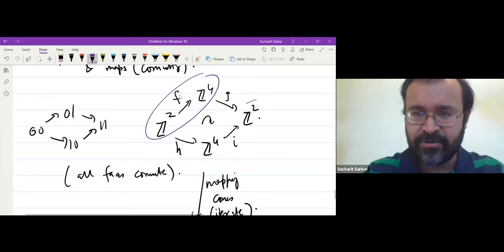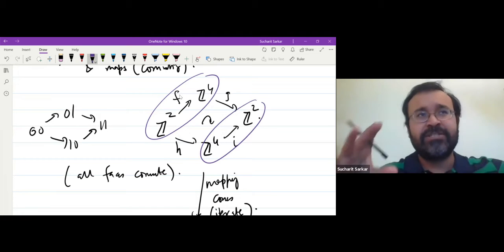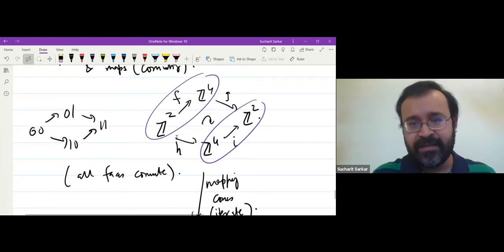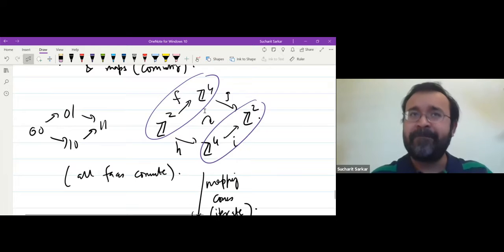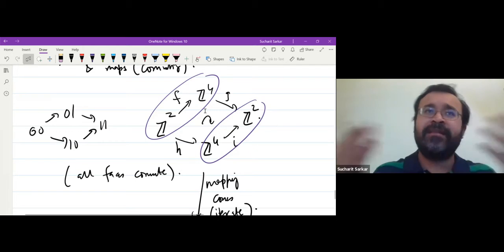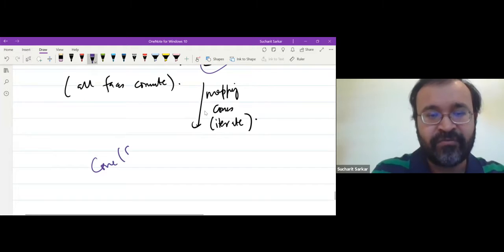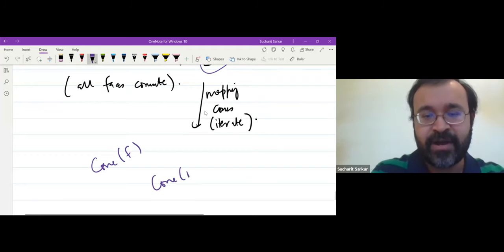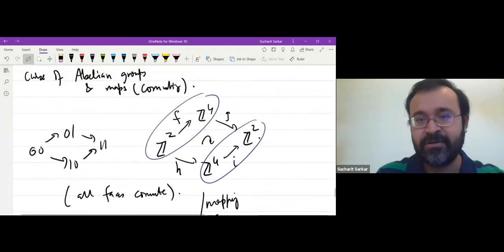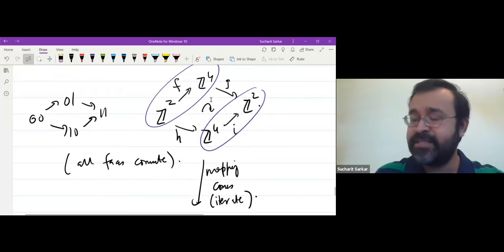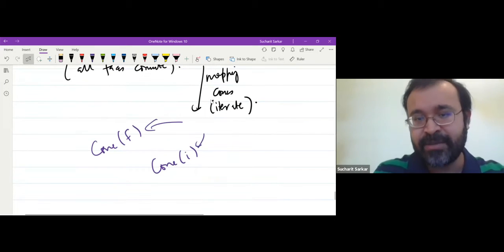I do it in steps. I take this mapping cone and this mapping cone, so I get two chain complexes, and these maps induce a map between those chain complexes, and then I take a mapping cone of that. So I take the cone of F and the cone of I. These are now chain complexes, no longer abelian groups.